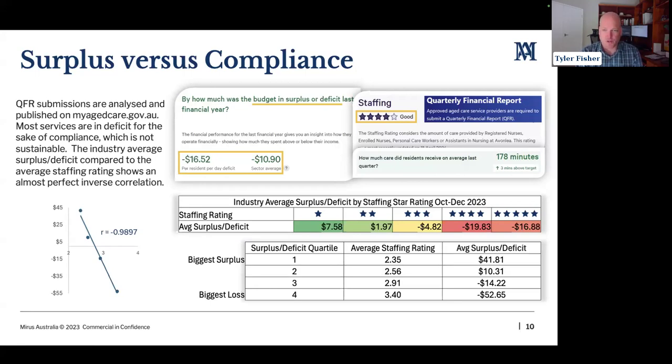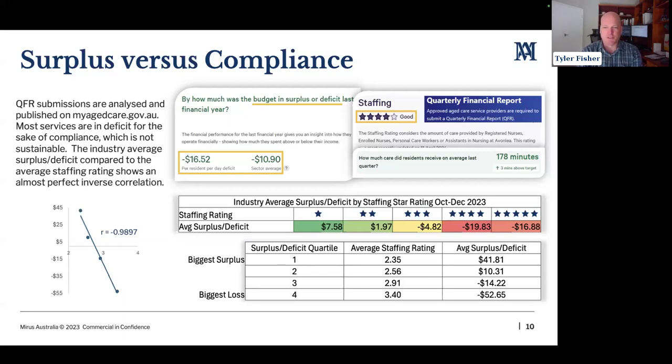Here on this slide, we're looking at the amount by which each service was in surplus or deficit, measured in dollars per resident per day, and the industry average, which we can see right in the center of the slide, was a deficit of about $11 per resident per day.